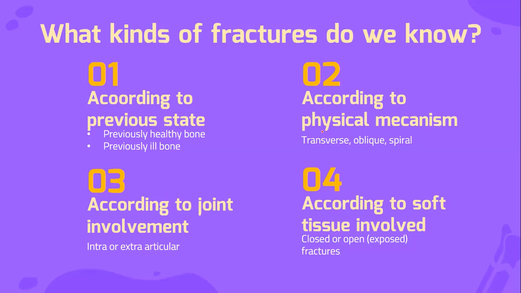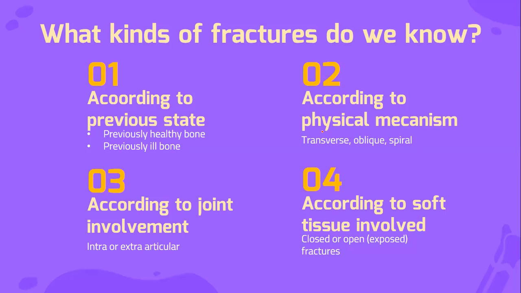Great. Awesome. So the bone is already weak, right, from some other disease. This person has an impact that is not necessarily high energy, but it is enough to break the bone.